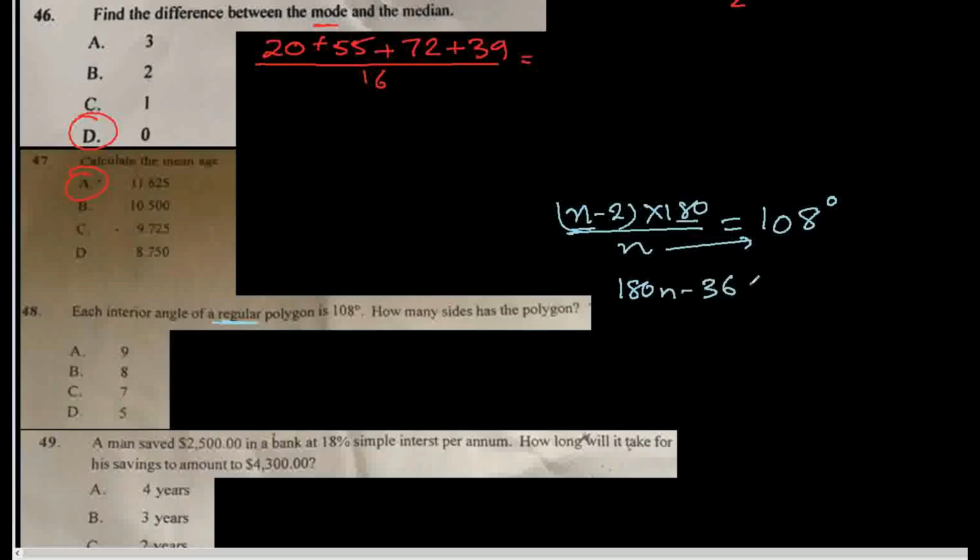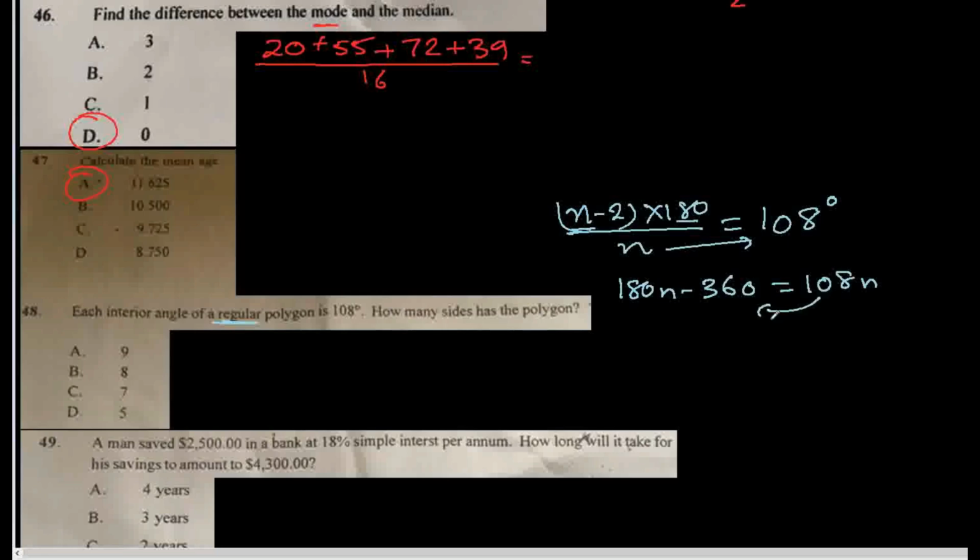Each interior angle of a polygon is 108 degrees. How many sides are there? The formula for each angle of a regular polygon is (n minus 2) times 180 divided by n. And they're saying it is 108. We just have to solve this equation. Cross multiply: (n minus 2) times 180 is 180n minus 360, equal to 108n.